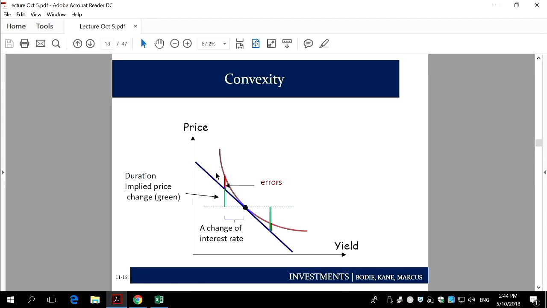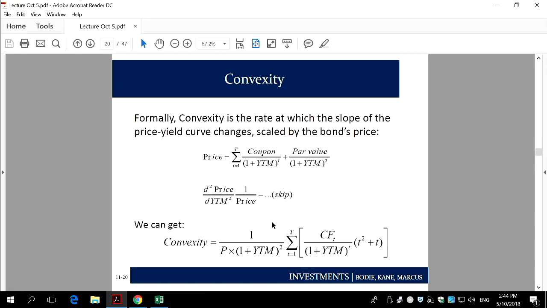Is this very close to a linear function? Then the convexity would be very small. But if this curvature is very much apart from a linear curve, then this convexity will be big. So convexity is a measure of the rate at which the slope of that curve changes, right? So the bigger the convexity, the more the first order derivative changes.